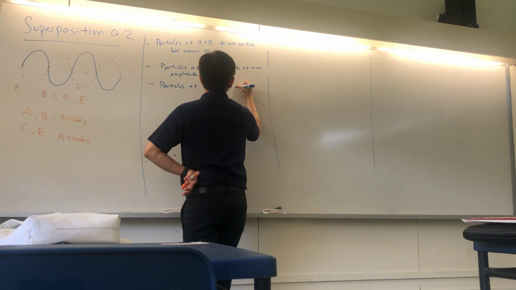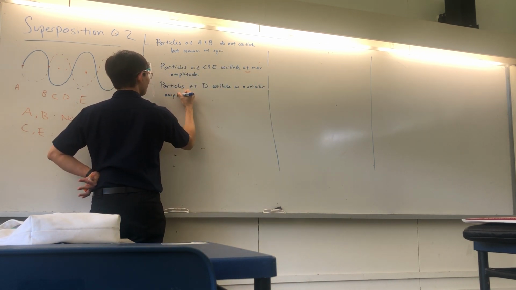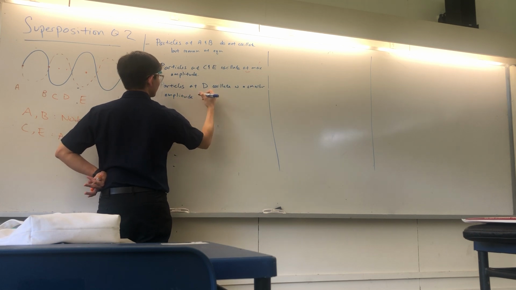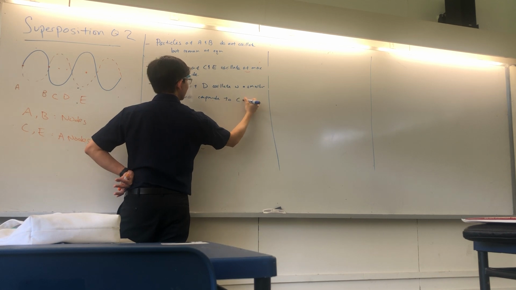Particles at D oscillate with a smaller amplitude. Once you're comparing amplitude, compared to C and E.